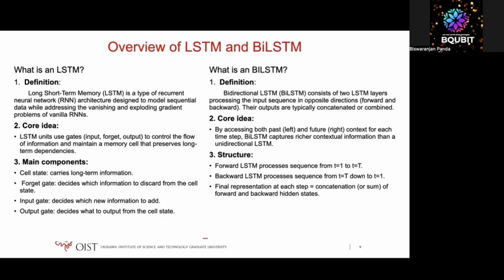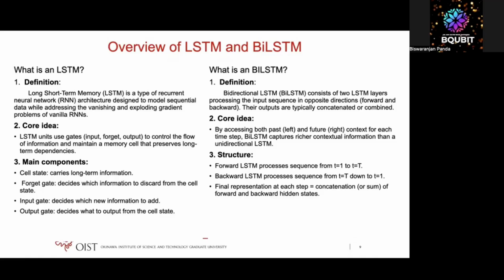Here you can see the cell state. The cell state carries long-term information. The cell state is the brain of this LSTM. Then the forget gate decides which information we need to discard from the cell. The input gate decides which new information we want to add to our system.